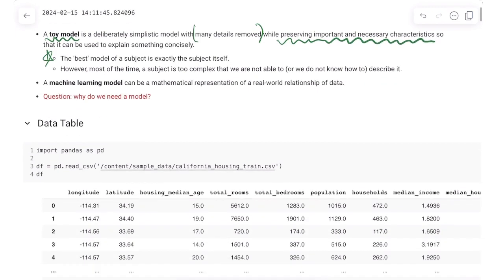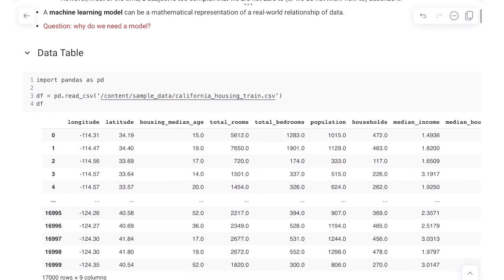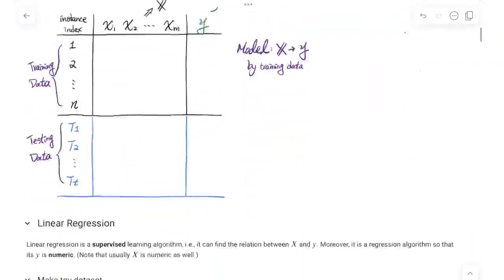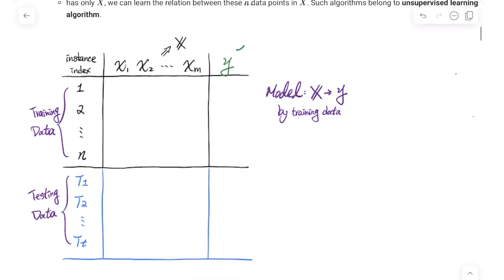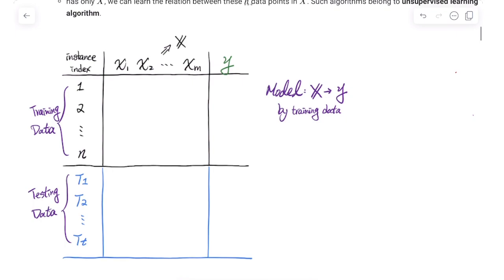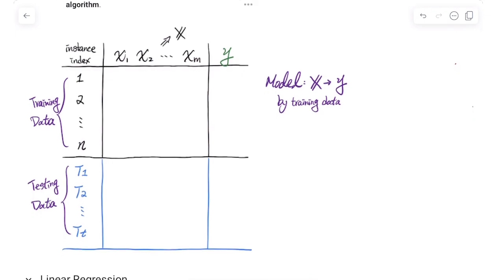Let's take a look at this one, the data table. When you try to analyze some subject or some data, I think the most trivial way is to use a data table. For example, there is a table, right?